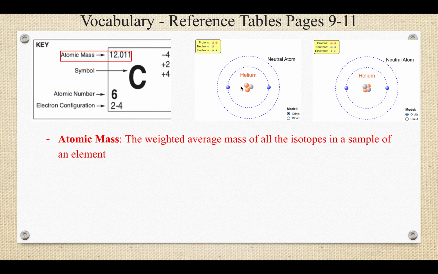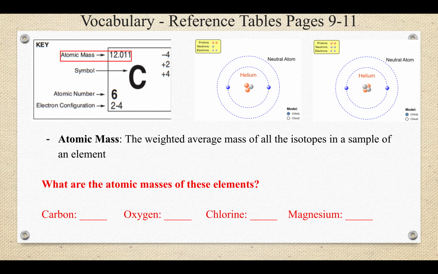And so the weighted average of all of the helium in all of the world, if you added up all of the isotopes and divided it by the number of helium atoms, would be like 3.99 something, right? So that's what we mean by weighted average. So that's why we have these weird decimal points after the atomic mass, okay?